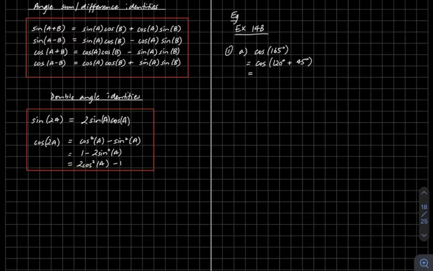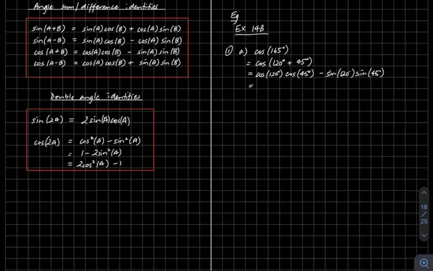So if we express it that way, then now using our cos A plus B, so our angle sum identity, which involves cosine, we can now express this using this right hand side here. So what do we have? We'll have cos of 120 times cos of 45 minus sine of 120 times sine of 45. And now we sort of need to remember our exact values, including exact values of cos and sine in other quadrants.